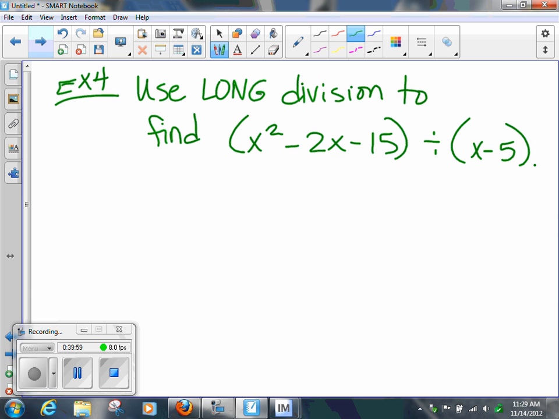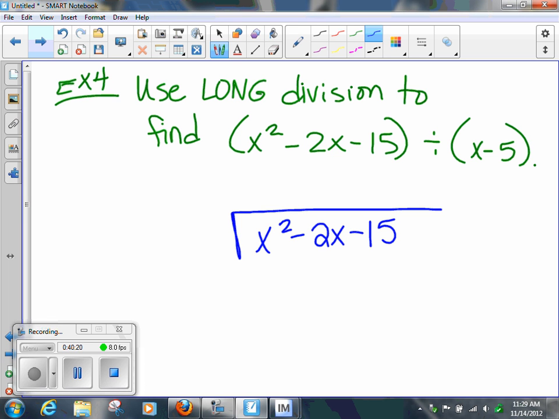This is kind of cool how it ties in with just basic arithmetic. Courtney asked a good question: what's going to be inside the house? The first expression. Did you do this in Algebra 1?